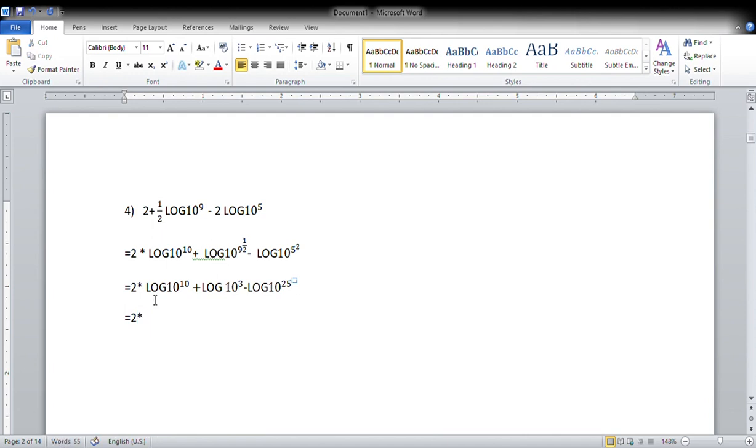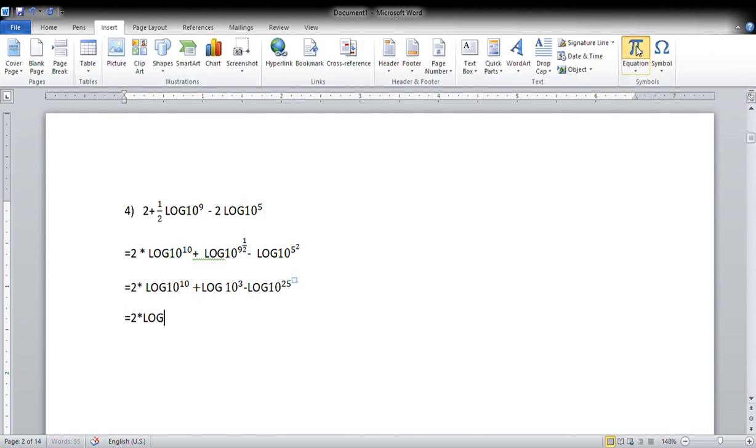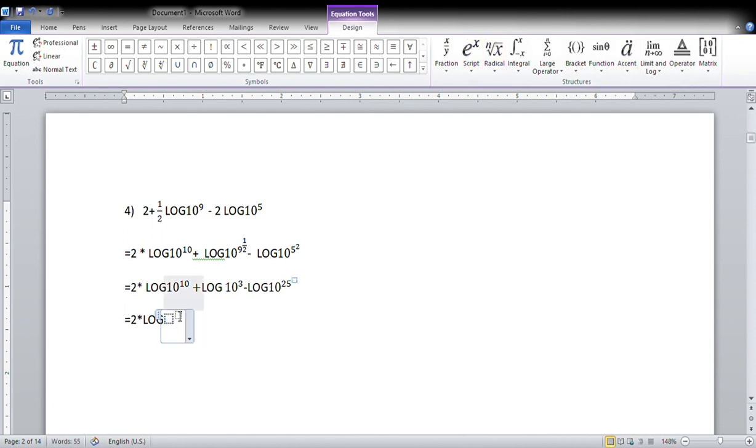Make it multiplication, this 10 into 3 is the log 10, just a minute, log 10, that means 10 here also. Just a minute, that means 10 into 3 multiplied, 10 into 3 divided by 25.